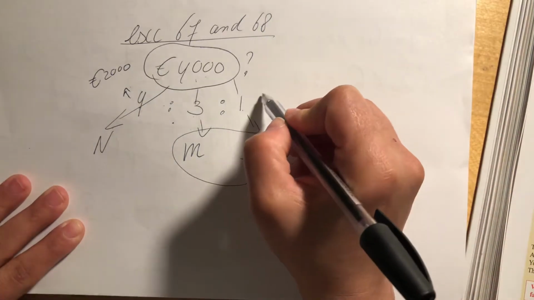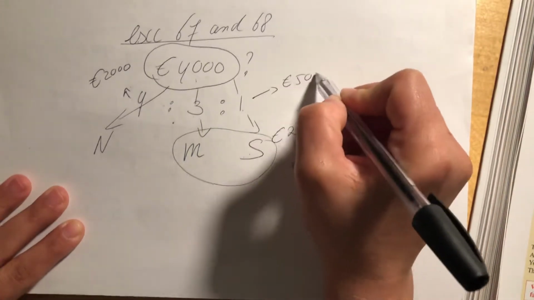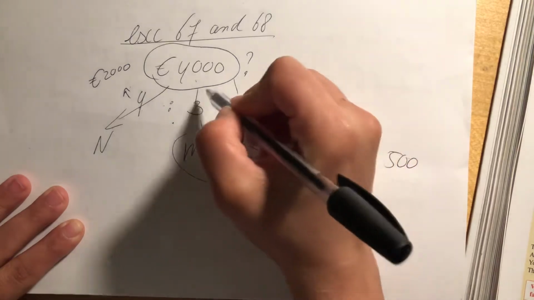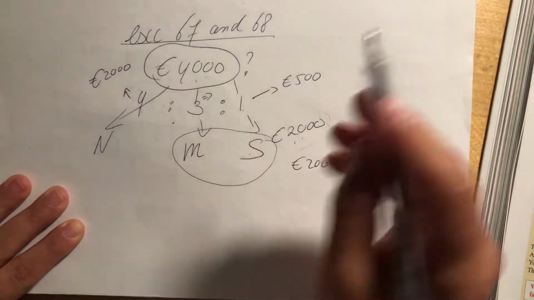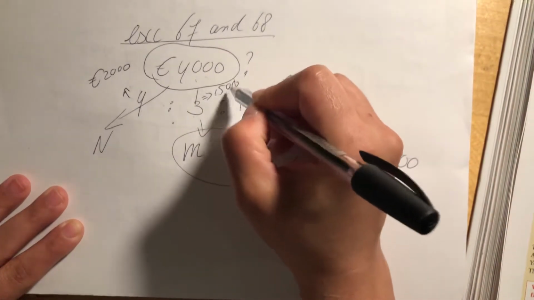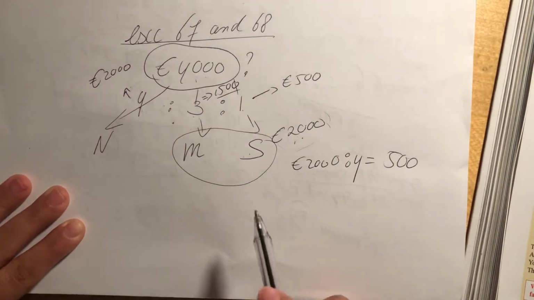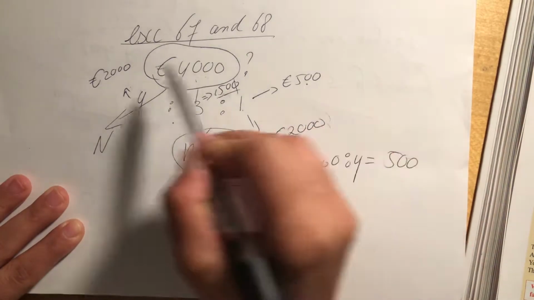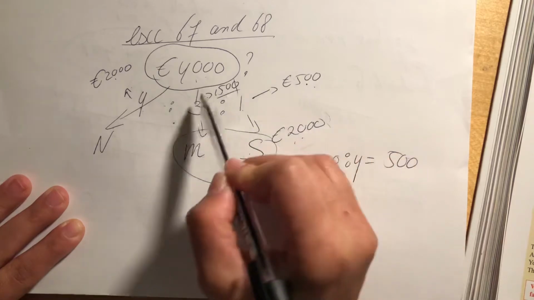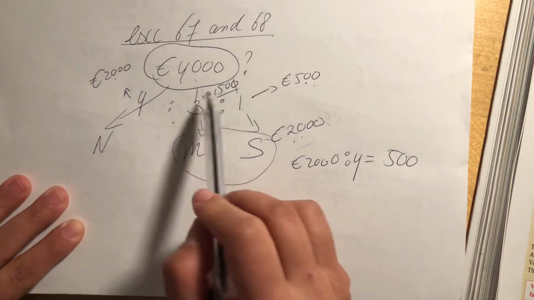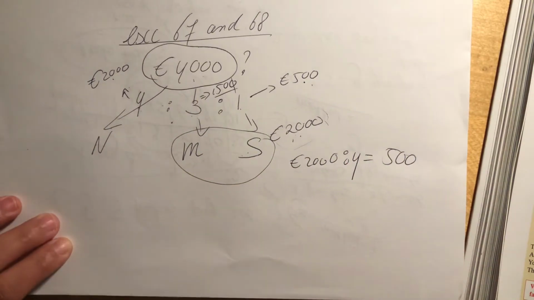And if Simon gets indeed 500, what is left of the 2,000? Then of course Melvin should get 1,500. And that is true because 500 times 4 is 2,000, 500 times 3 is 1,500, and the total amount is indeed 4,000. So it's correct.